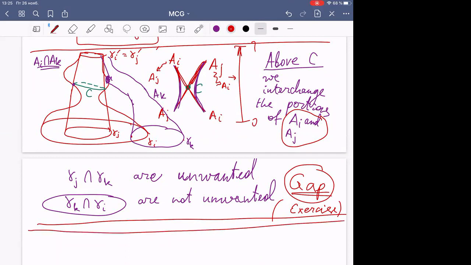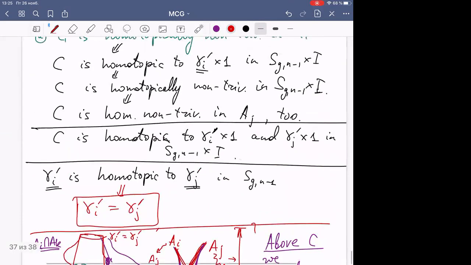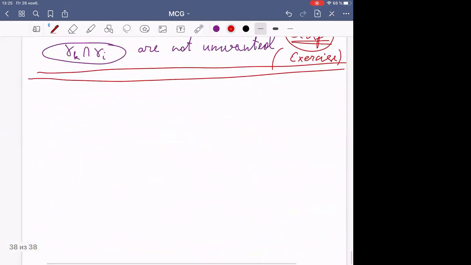Let us consider the second case. But still, not everything is good here. The second case B is when this unwanted intersection is homotopically trivial.